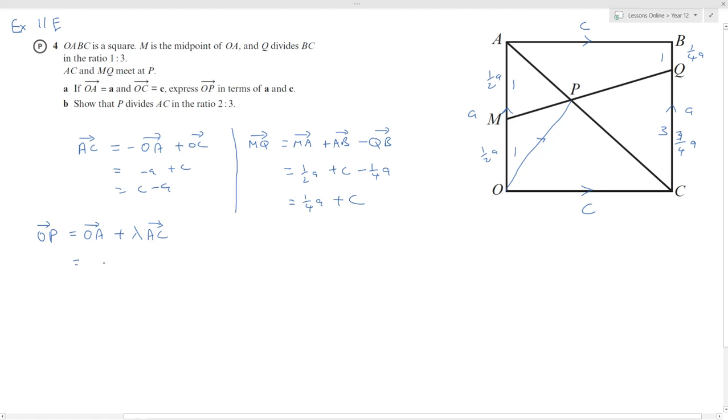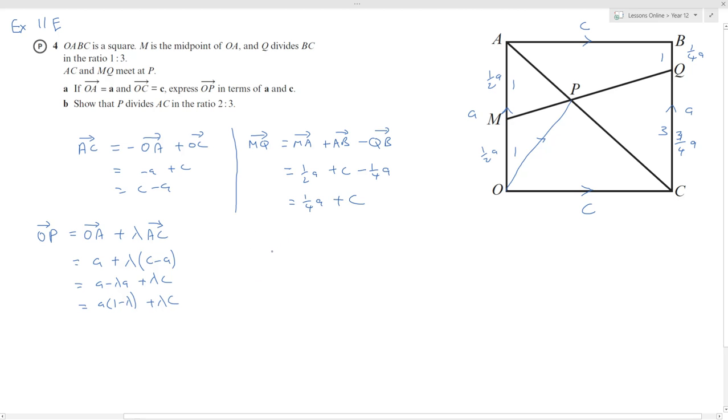So that's going to be OA is given by A plus lambda, and AC is given by C minus A from above. That means if we combine like terms, we've got A minus lambda A plus lambda C, which is given by A into 1 minus lambda plus lambda C.